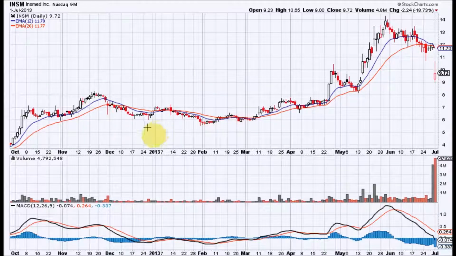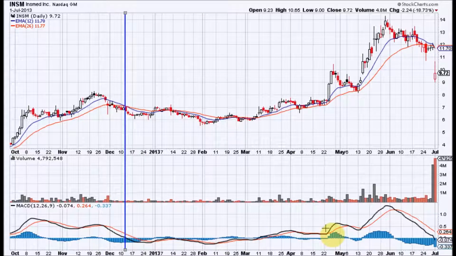First of all, the primary signal happens when the 12 exponential moving average crosses down through the 26 exponential moving average. When that happens, the MACD or black line will cross down through the center line. That is bearish.